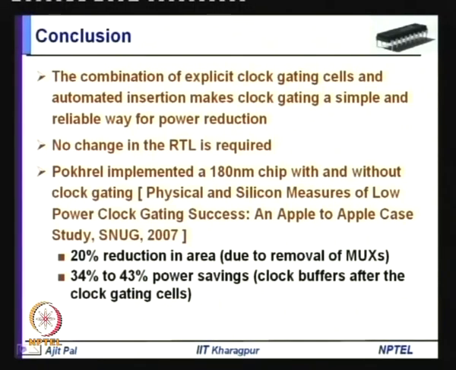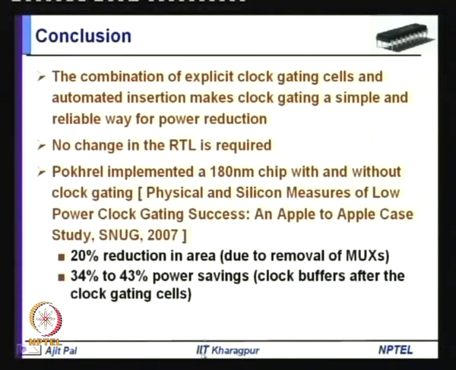Some case studies have been done. One very important case study has been done by Fockrell and his group. They implemented a 180 nanometer chip with and without clock gating. What the functionality of the chip is has not been mentioned, but using 180 nanometer technology, they implemented two chips, one without clock gating and one with clock gating, and they compared their performance.